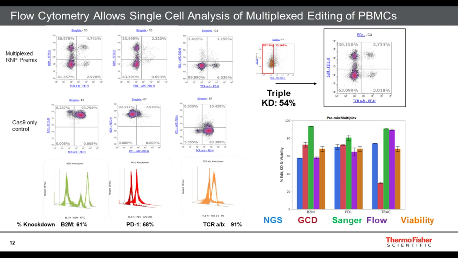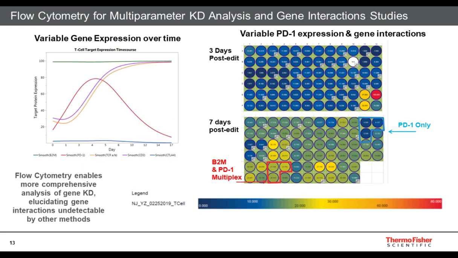But with flow, I actually have an exact answer. I know approximately 54% of my cells successfully have all 3 of those edits. And that is very, very helpful as well for doing further studies down the line on viability, as well as knowing how many clones I need to plate out to get the cell line that I desire.